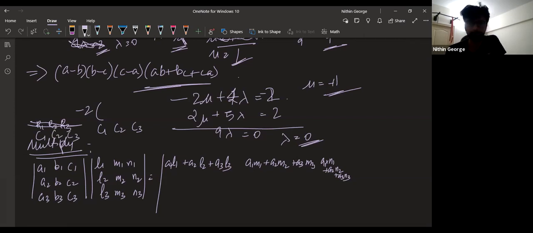This is also valid. I'm taking the first column, multiplying it with the first column here, then with the second column here, and so on. Now comes the second column into first column here, and so on. Second column, second column, second column, third column.